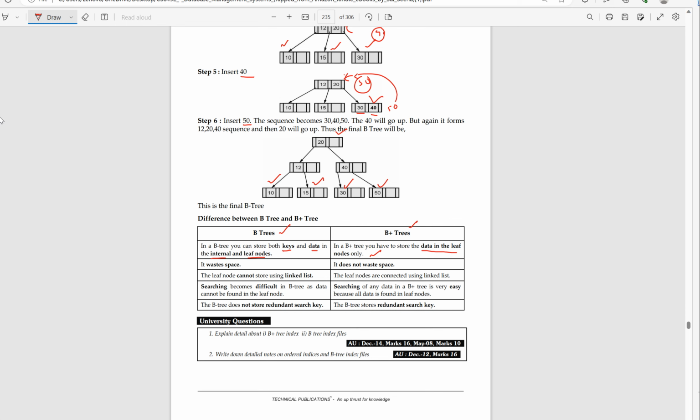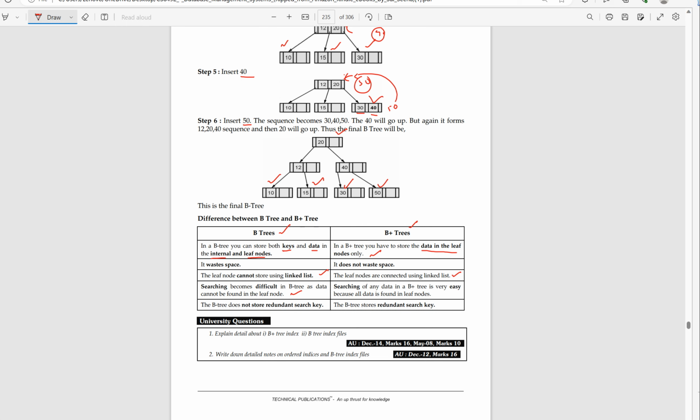But here you shouldn't do like this. Instead, you have to store the values in a dispersed manner. The leaf nodes in a B tree are not connected using a linked list, whereas in the B plus tree the leaf nodes are connected using a linked list. Since the leaf node is not linked, in the B tree the searching becomes difficult.